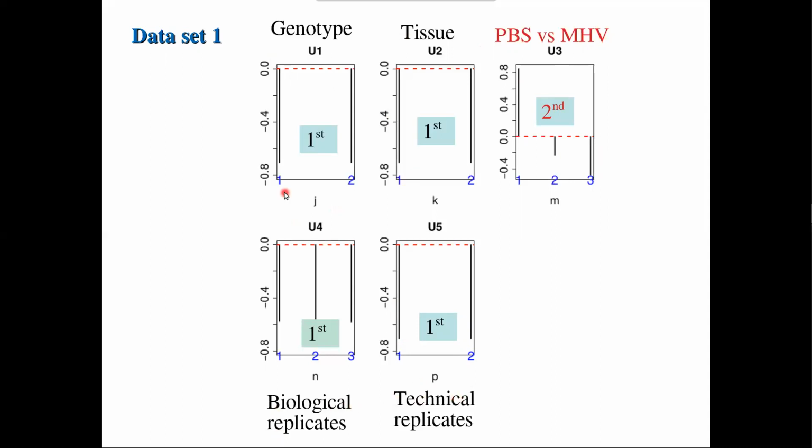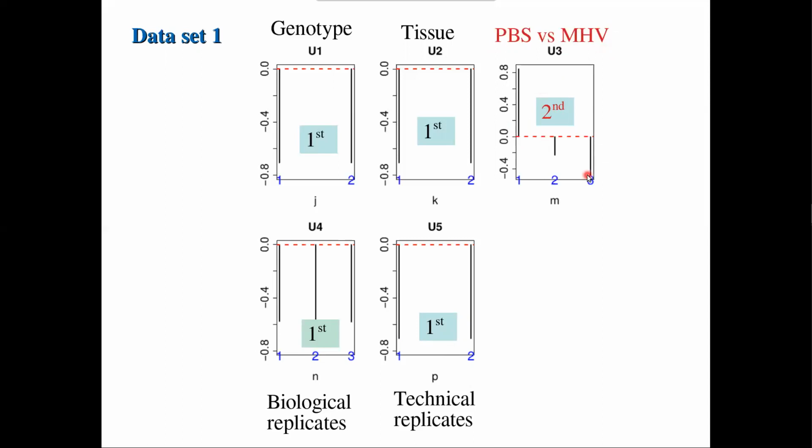Then we found the first vectors attributed to the genotype and tissue and biological replicate and technical replicates are independent of them. On the other hand, the second vector attributed to the control and MHV infected mouse represents the distinction between the control and MHV infected mouse.